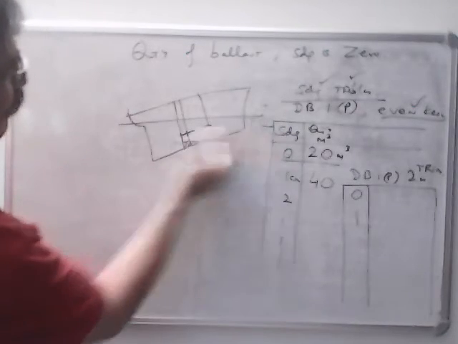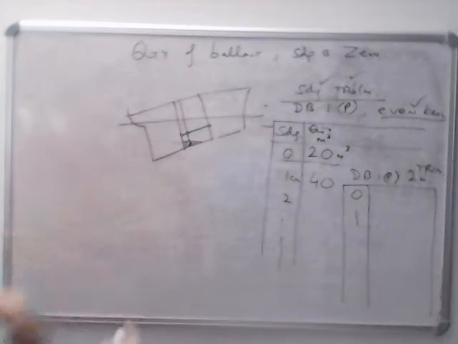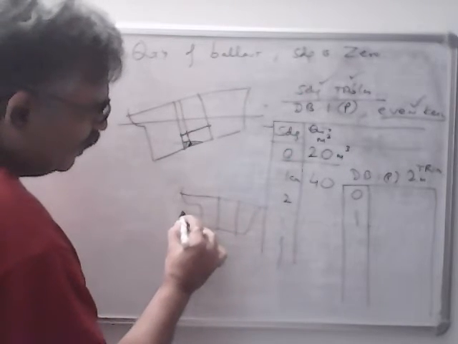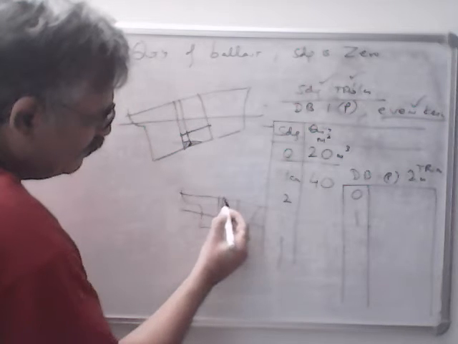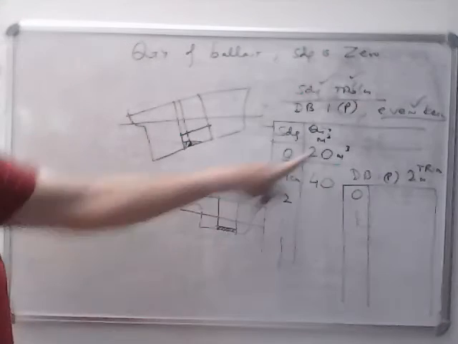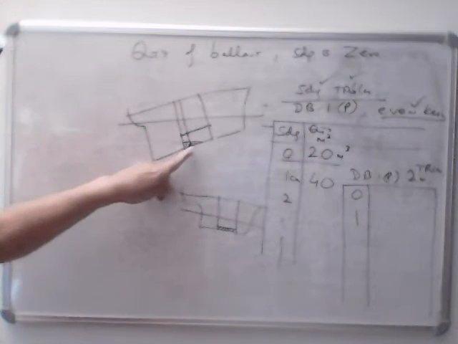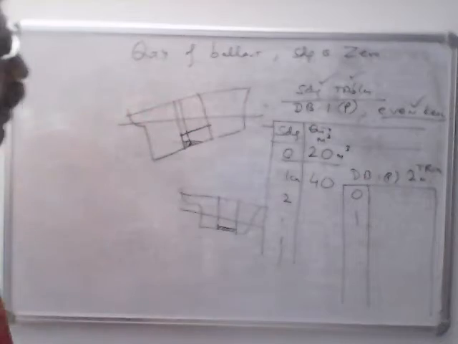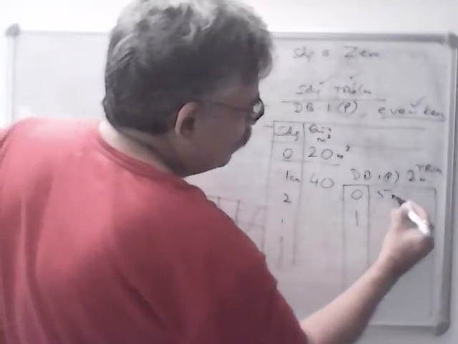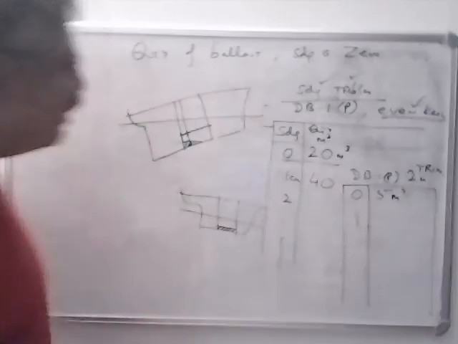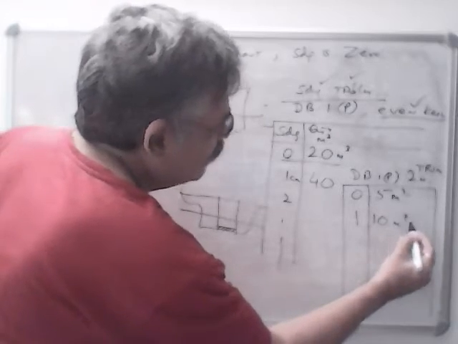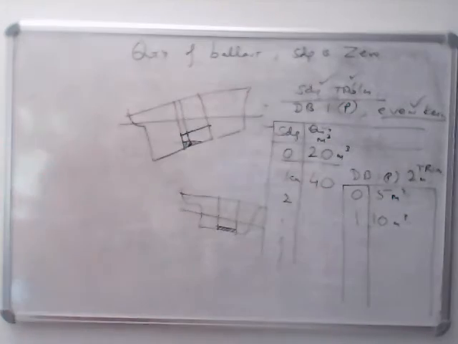This will be parallel to the water line. As you can see, earlier the ship was on even keel, and water was from the forward part of the ship to aft. So, this large quantity of water was representing 20 meter cube. Now, this water quantity is very small. With zero sounding, 2 meters trim, you might get something like 5 meter cube instead of 20. And with 1 centimeter, you might get roughly 10. And here in even keel, you are getting 40.